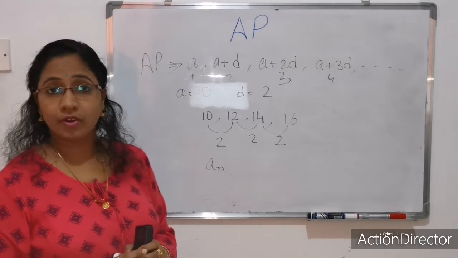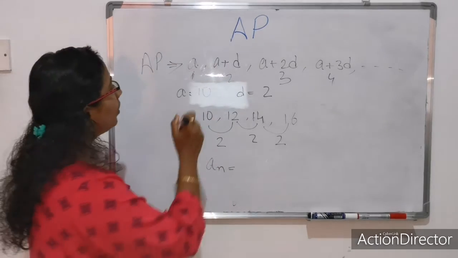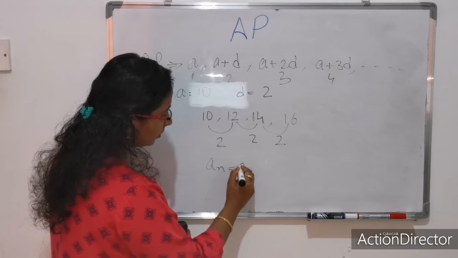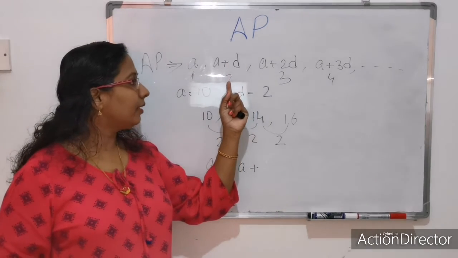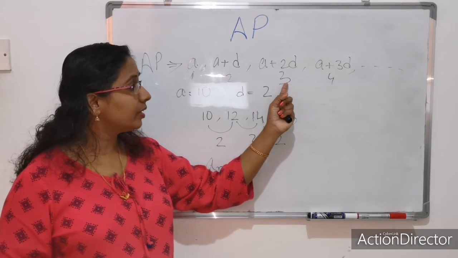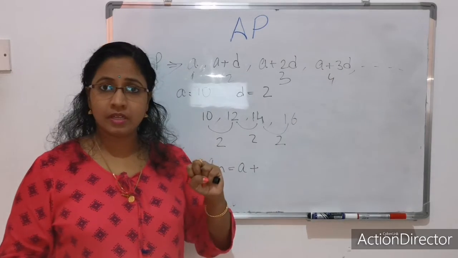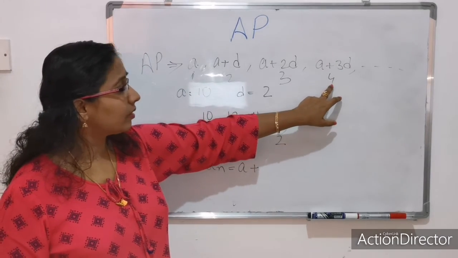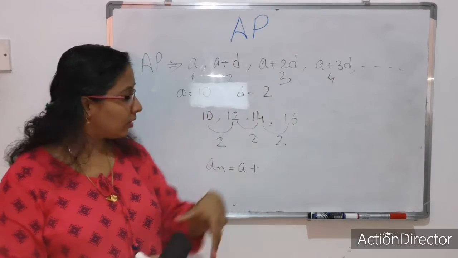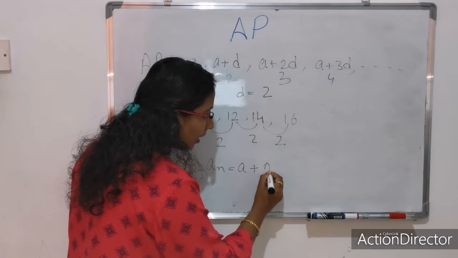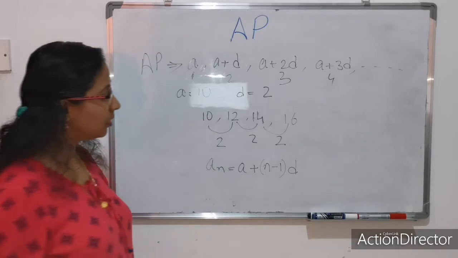A n is equal to a plus, when it is the second term, it is 1, when it is the third term, it is 2, when it is the fourth term, it is 3. So for the nth term, this will be n minus 1, right? So we can write it as n minus 1 and d.